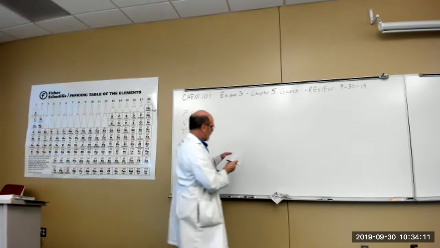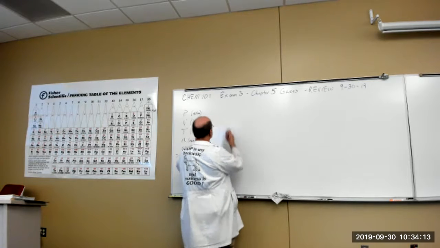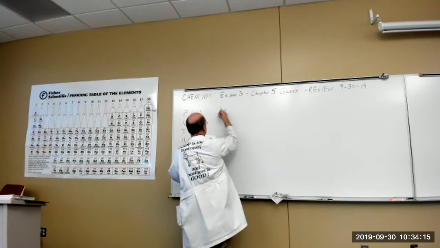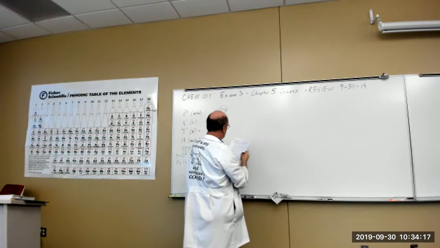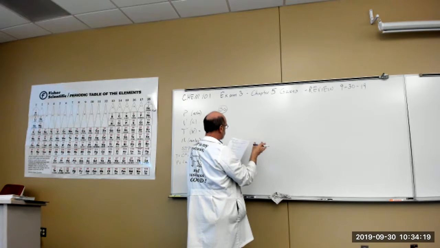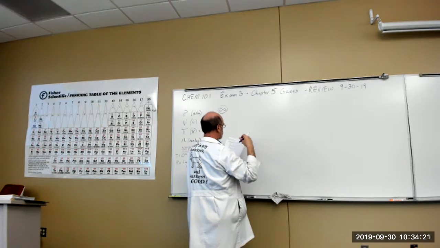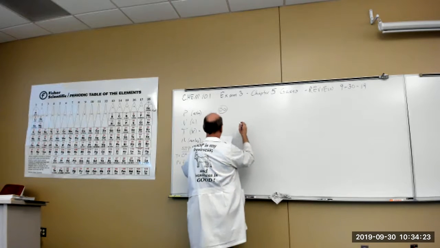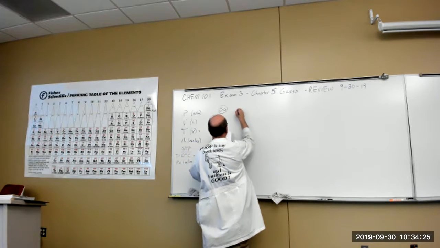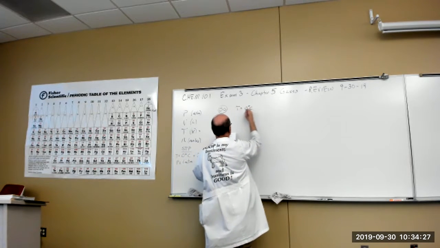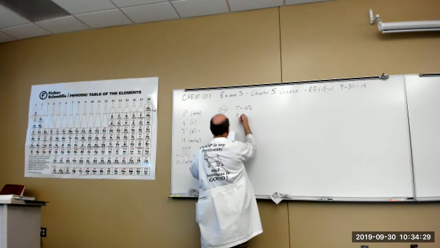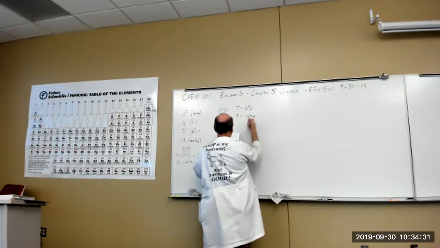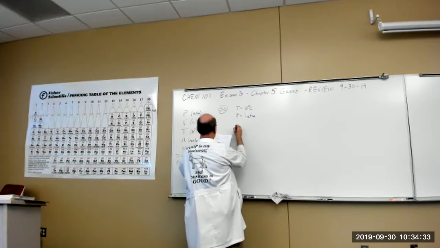Okay. All right, so in this case, 50, we're given 1 liter flasks of each one of these at 0 degrees centigrade and 1 atmosphere. So temperature equals 0 degrees C, pressure equals 1 atmosphere. I like to write information out on the board.